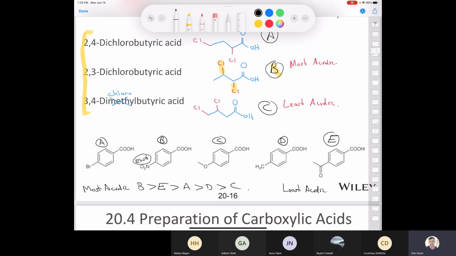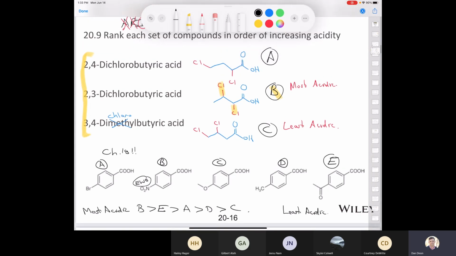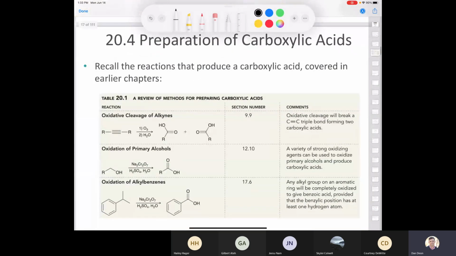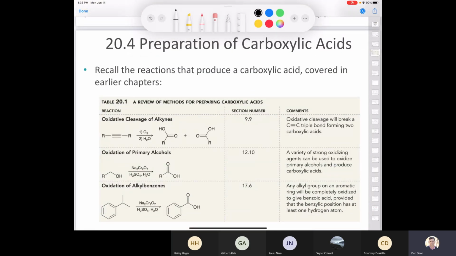All right. And this is why you have to know your chapter 18 chemistry really well to understand what's electron donating and what's electron withdrawing. The good news is that already in chemistry 3101, so in organic chemistry 1 and in organic chemistry 2, you've already looked at some cool reactions to help you make carboxylic acids.